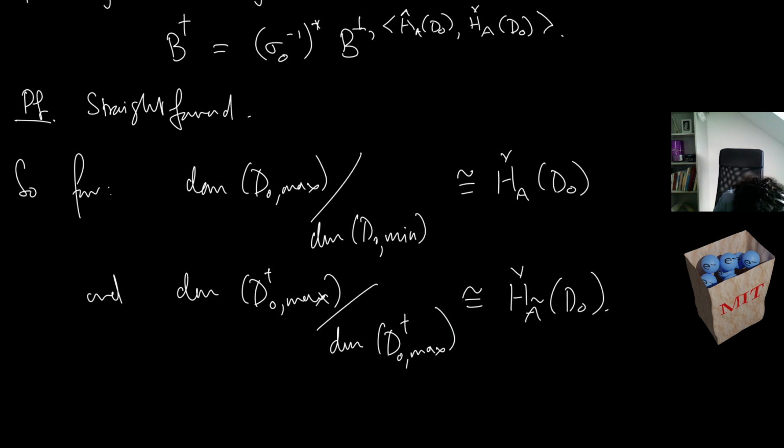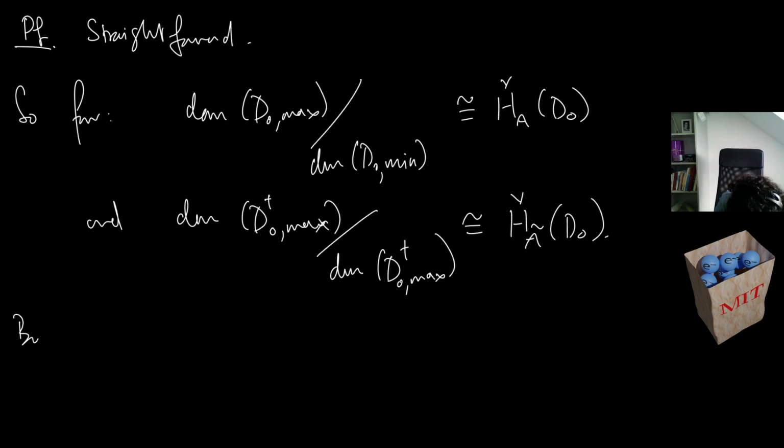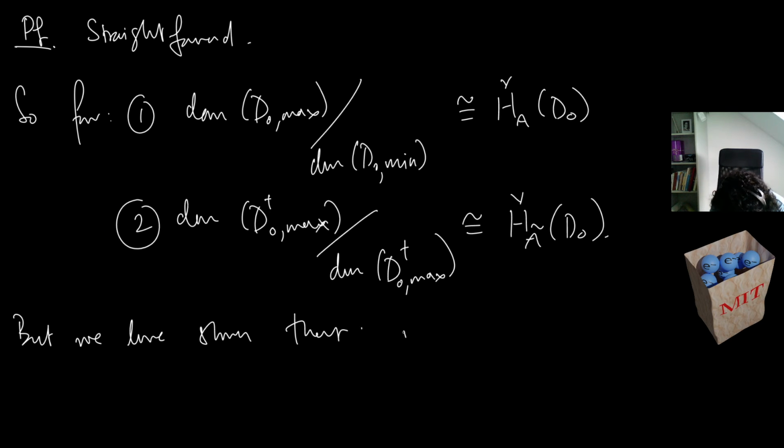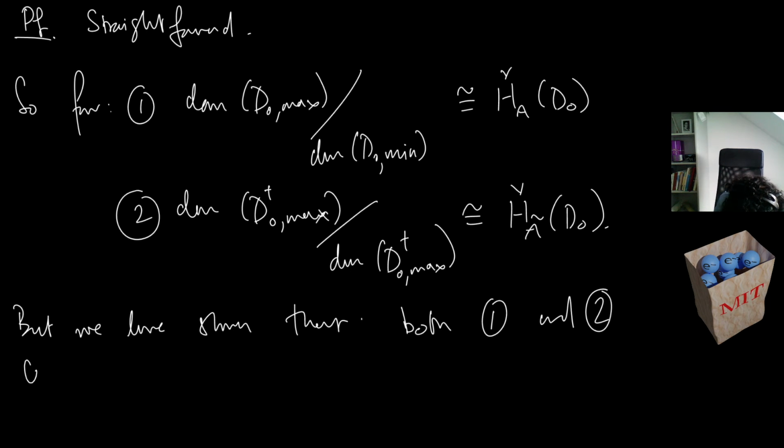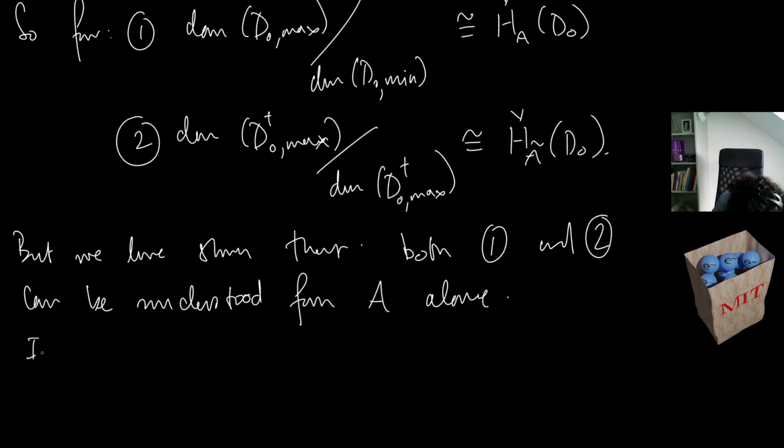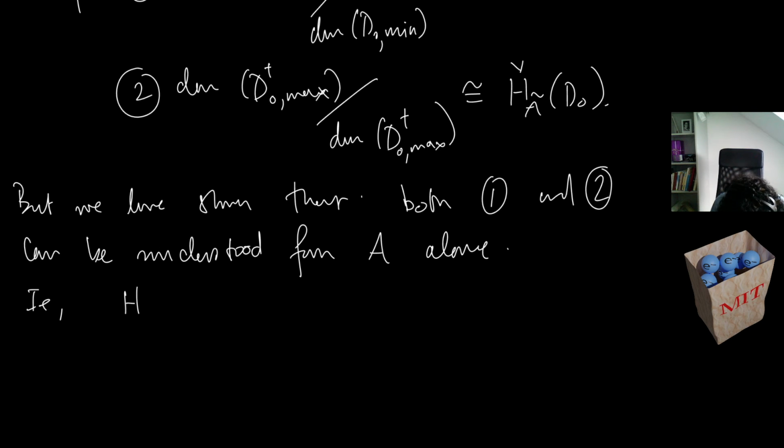But we have shown that both 1 and 2 can be understood from A alone, i.e. from D naught min and H hat A of D naught.